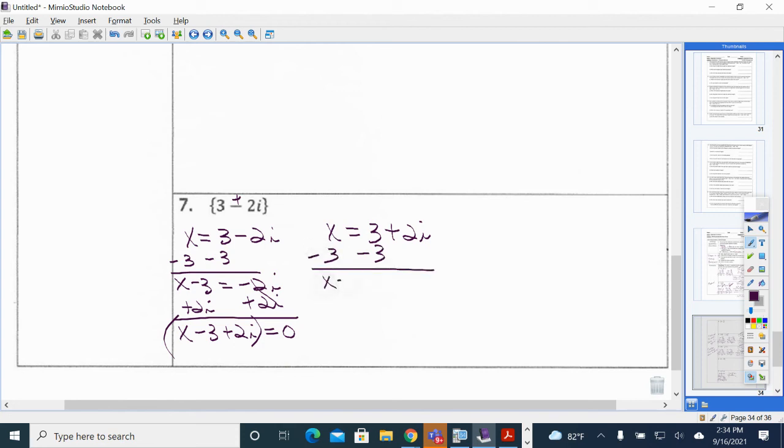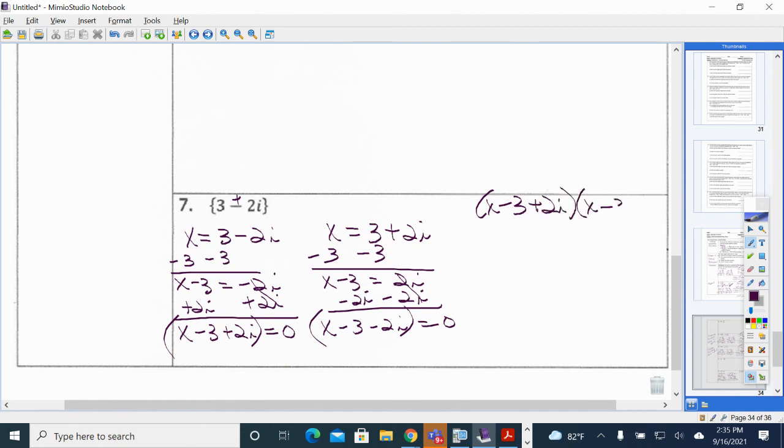We're going to do x minus 3 equals the 2i and then subtract the 2i. All I've done is the same thing that I've been doing, and I am getting everything on the left side. Now, we've got x minus 3 plus 2i that needs to be multiplied by x minus 3 minus 2i.